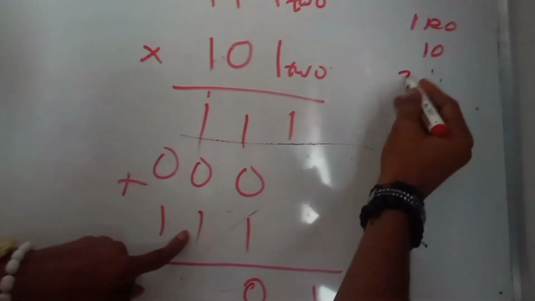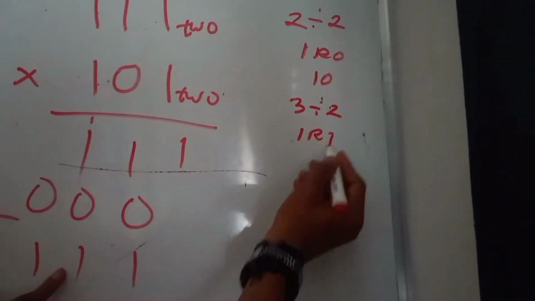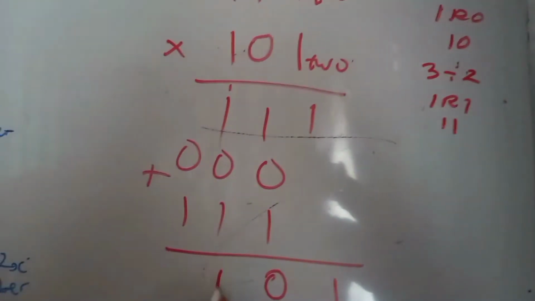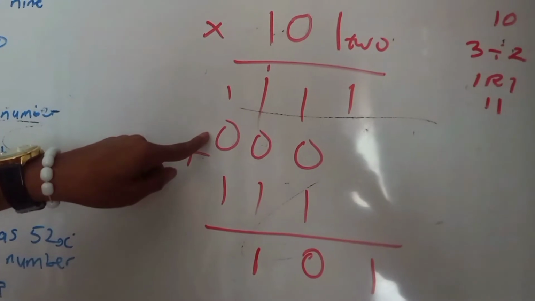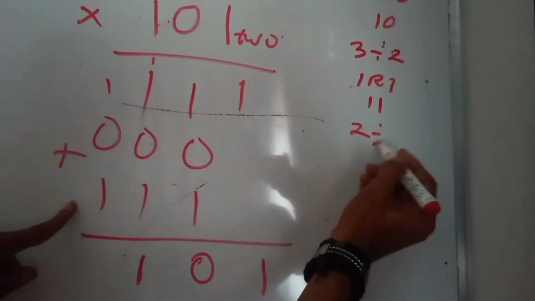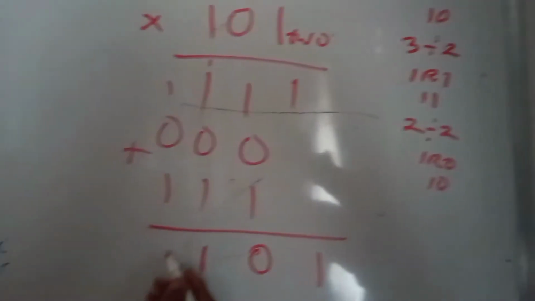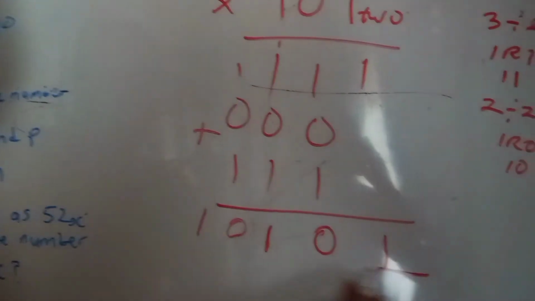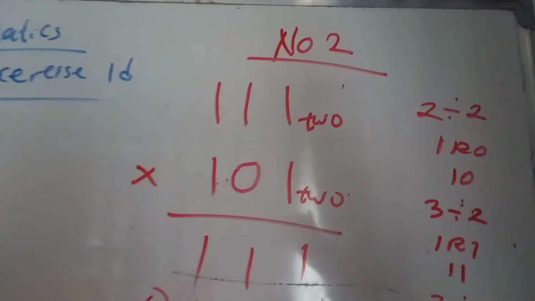So say 3 divided by 2. How many times? 1. Remember 1. That's 11. So I write 1. Remember 1. So 1 plus 0 is 1, plus 1 is 2. So 2 divided by 2 is 1. Remember 0. So what you have is 10. If you are confused, kindly watch the video again.